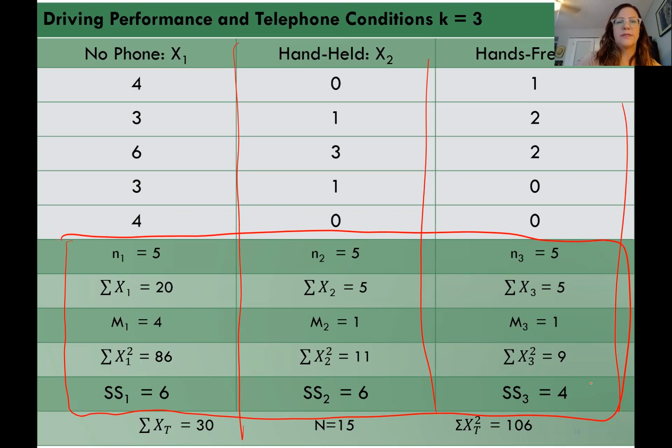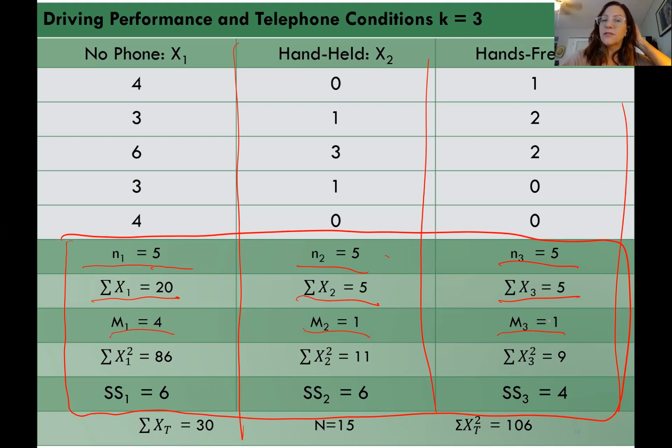So we have our sample size for each sample. Then we add up the scores, and here's the sum of X for group 1. So 4 plus 3 plus 6 plus 3 plus 4 is 20. Then we have the same thing for group 2 and group 3, and I get my means for each group separately.